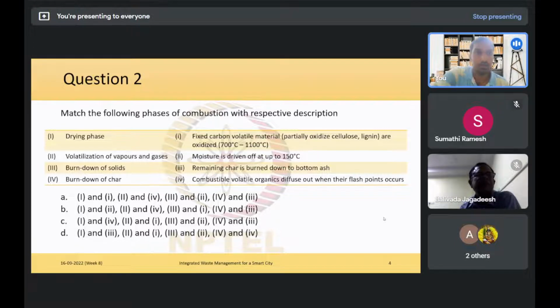So we have a couple of answers saying it is option B. We'll see the answer now. So B is the right option, where option 1 in column A is matched with option 2 in column B.